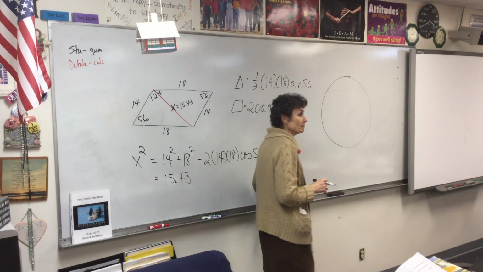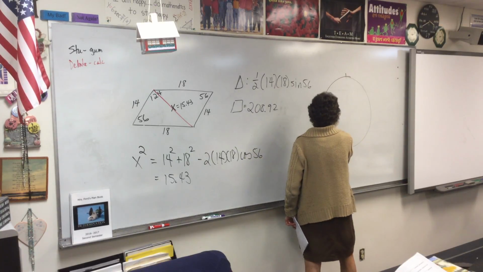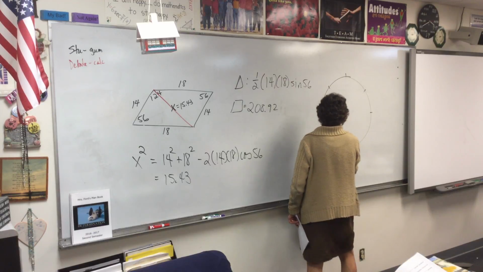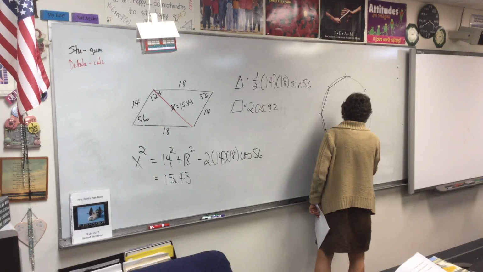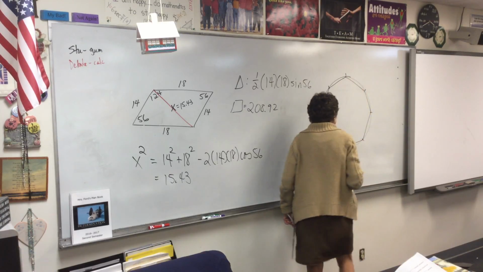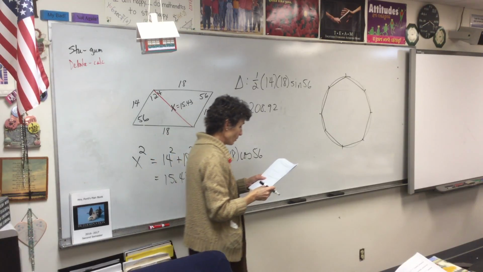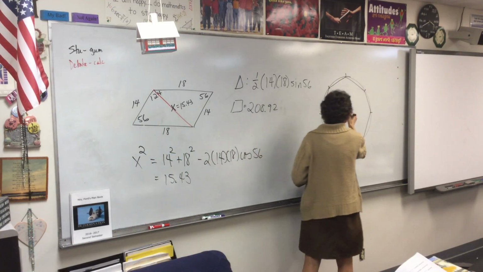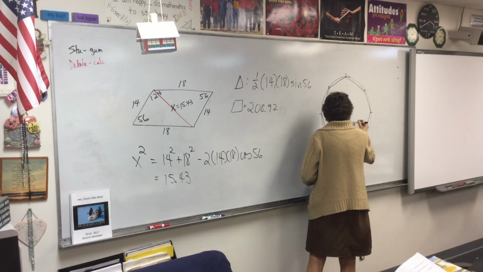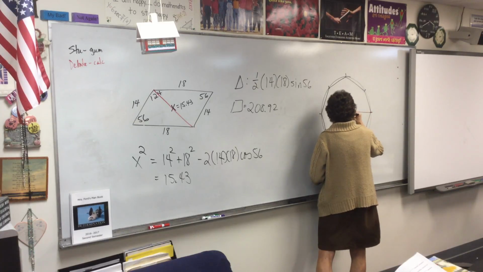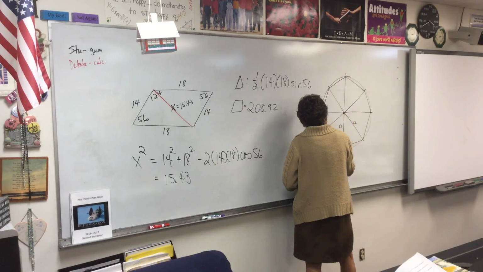All right, what's an octagon? 8 sides. So I'm gonna go ahead and put 8 marks evenly spaced around my circle. Okay, so there's my 8-sided polygon. And I know the radius of the circle is 22. So I can draw in all these 22s. I don't have to, but I could.